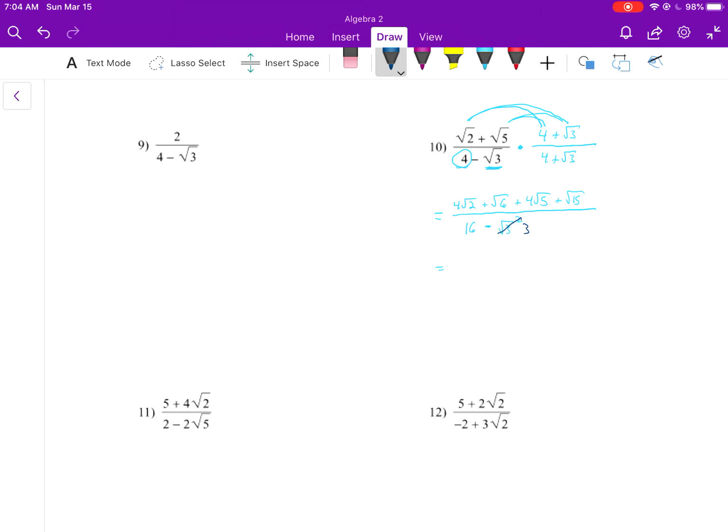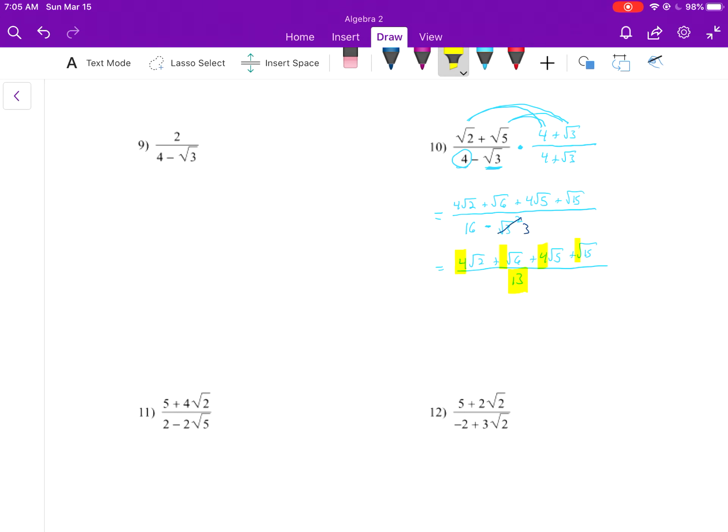And now we can have our simplified answer. So 4 root 2 plus root 6 plus 4 root 5 plus root 15, all over 16 minus 3 is 13. And again, as mentioned in the last video, we would look at coefficients to see if we can have a common term to reduce, and we don't.